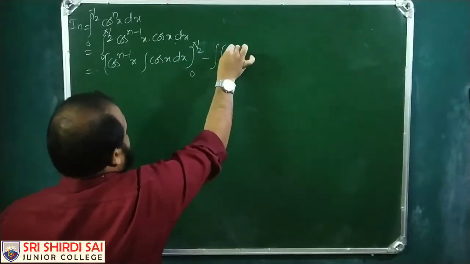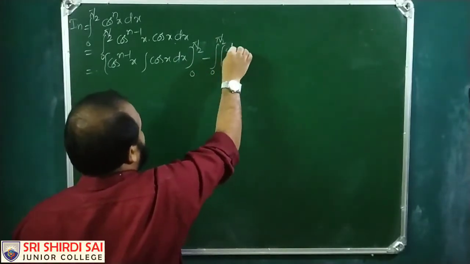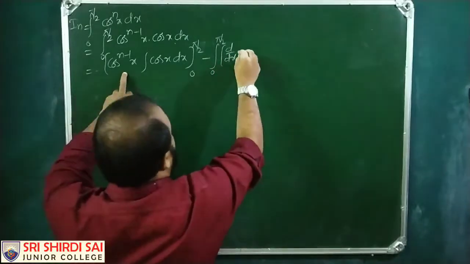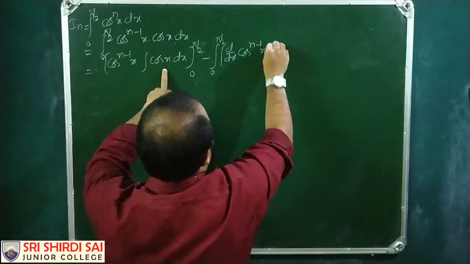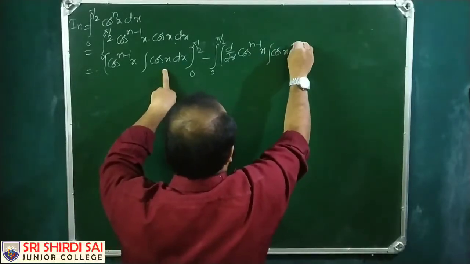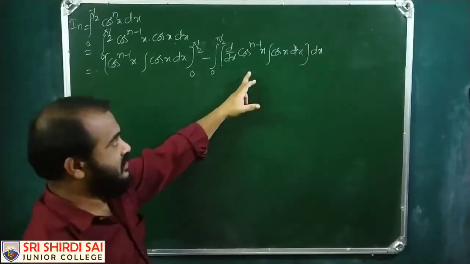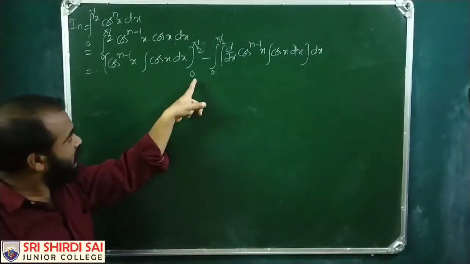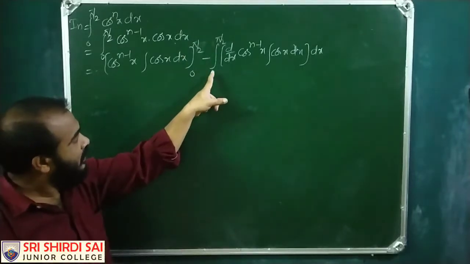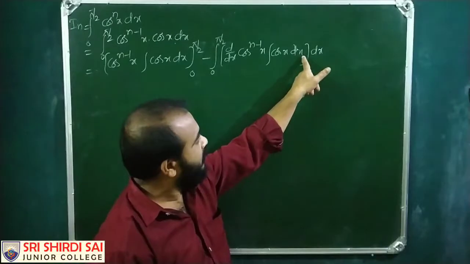minus integral 0 to pi by 2 of d by dx of cos power (n minus 1) x into integral cos x dx, whole dx. Everyone knows this, because it is integral a to b of f(x) into integral of g(x) dx, minus integral a to b of d by dx of f(x) into integral of g(x) dx, whole dx.